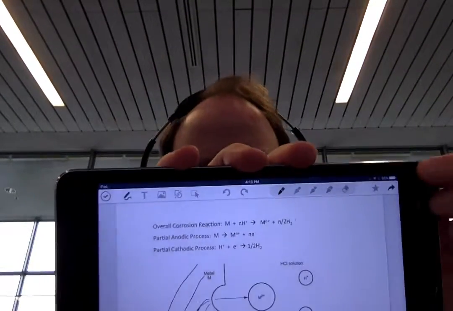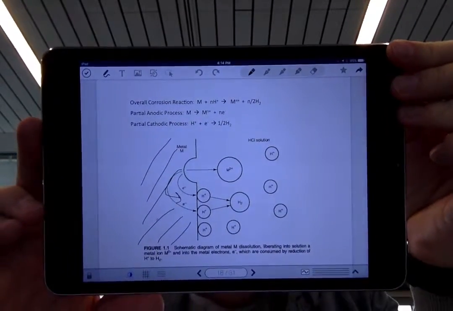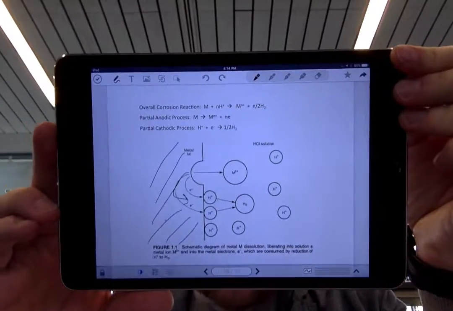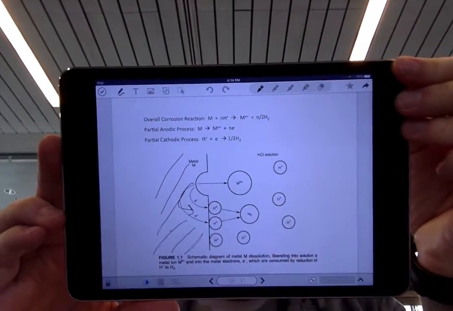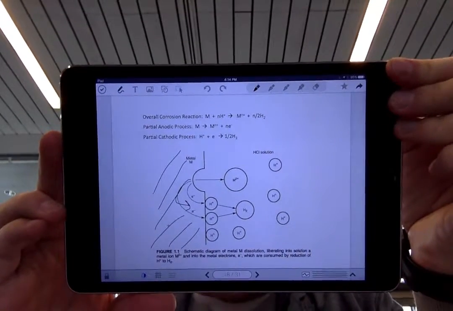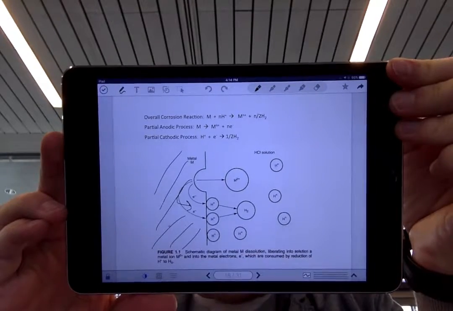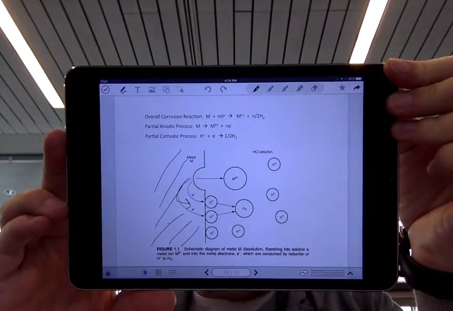So this is a solid metal or an electrode, and you notice we have electrons moving through the metal from the oxidation reaction to the reduction reaction. And those electrons are the electrons involved in the half reactions. You know that in oxidation reactions, electrons are products, and those products from oxidation reactions are used in reduction reactions, where electrons are a reactant in reduction.